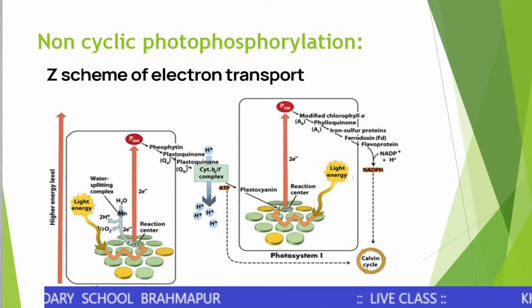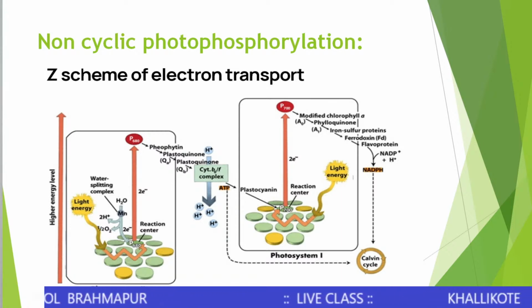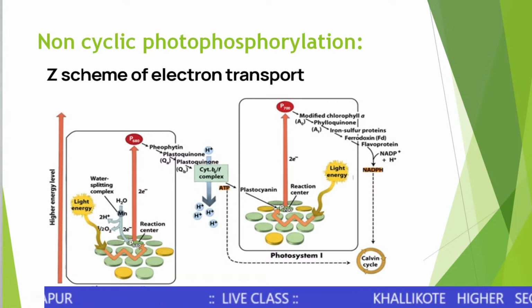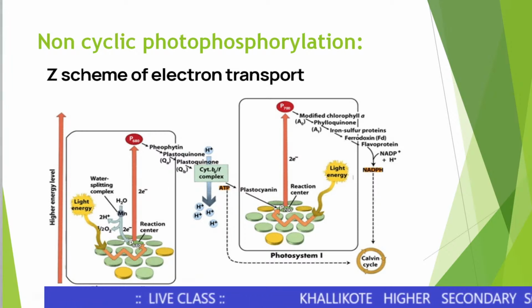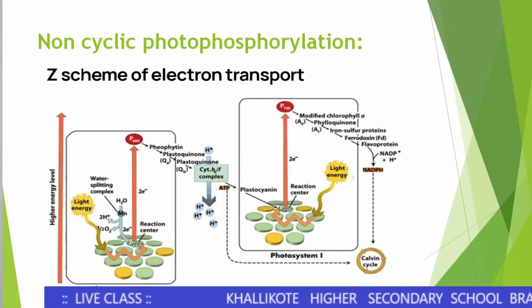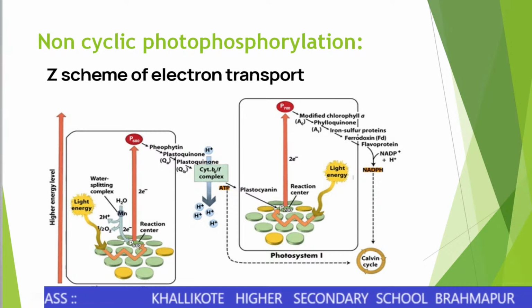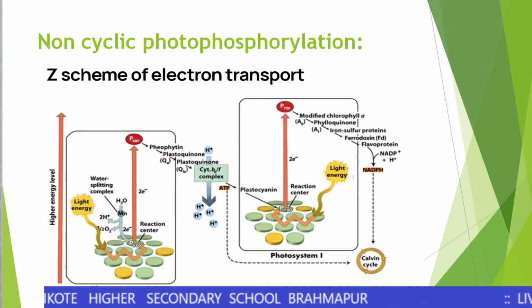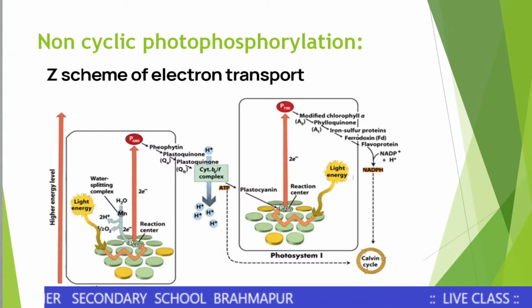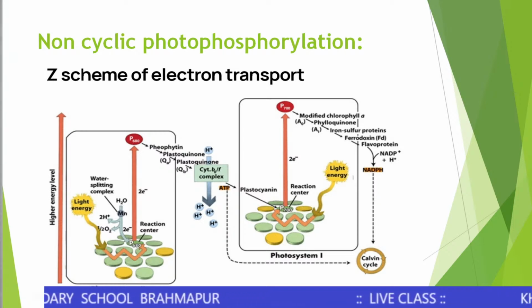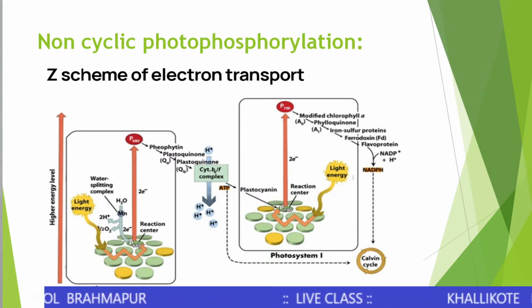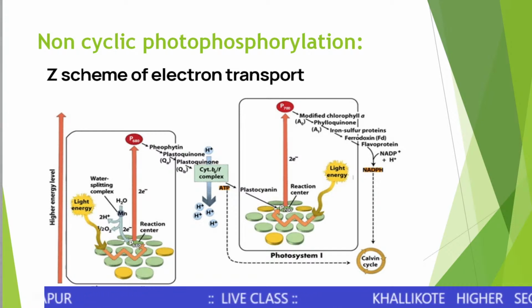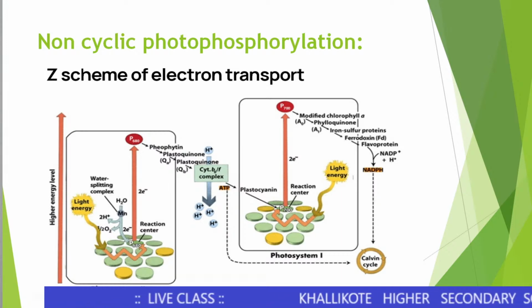During this flow of electrons, we can see the electron that is lost from the P680 molecule is not flowing back to photosystem 2. This electron from P680 has moved and reached NADP plus. So NADP is going to take up this electron, and there is no flowing back of the electron.